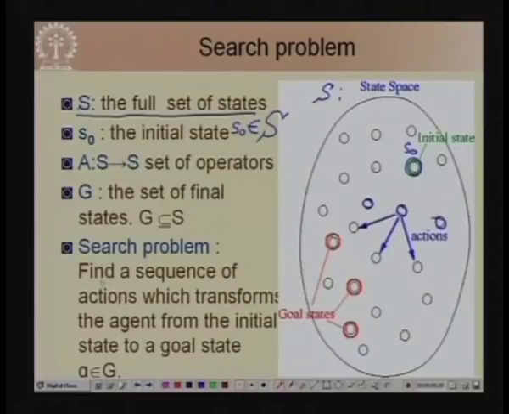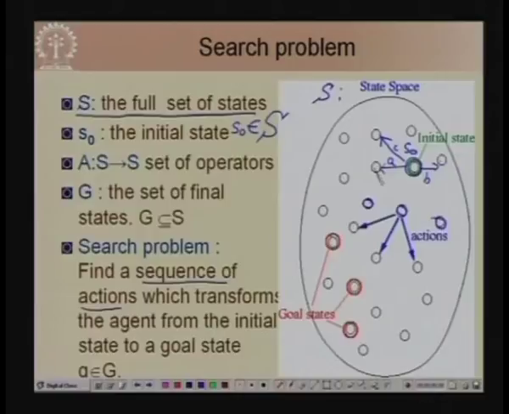A search problem consists of finding a sequence of actions which transforms the agent from the initial state to a goal state. For example, from this initial state, the agent might have 3 actions available. If he takes action A, he goes to this state. If he takes action B, he reaches this state. If he takes action C, he reaches this state.